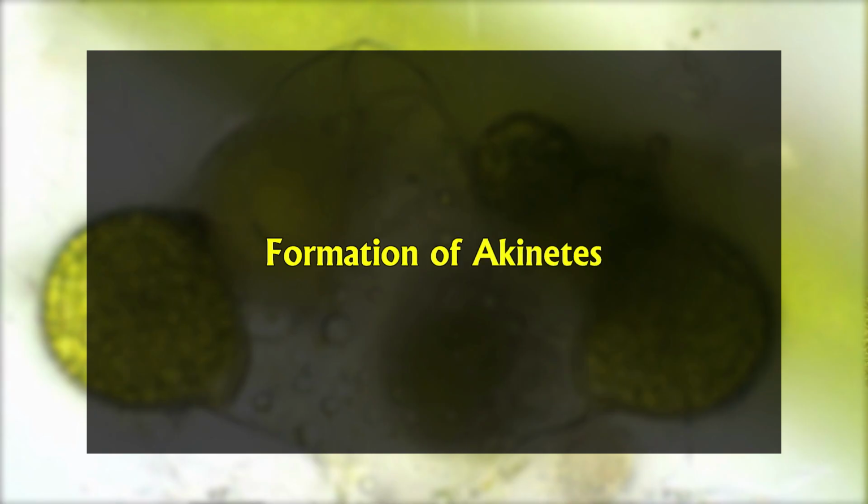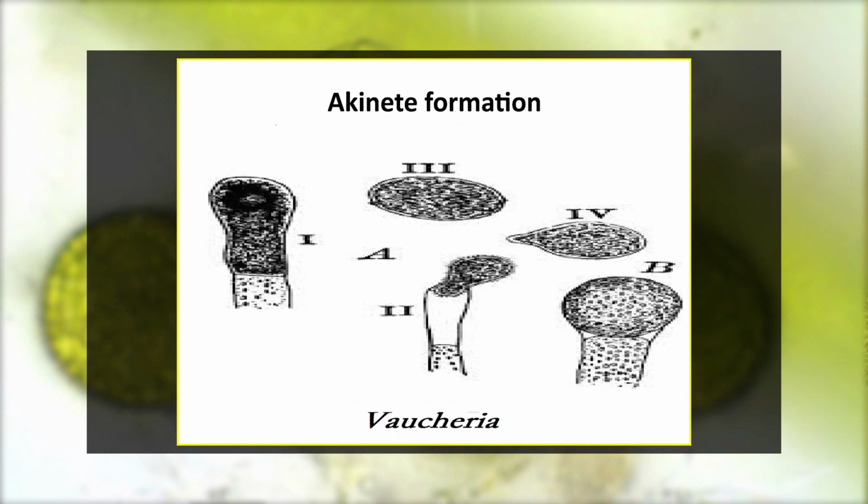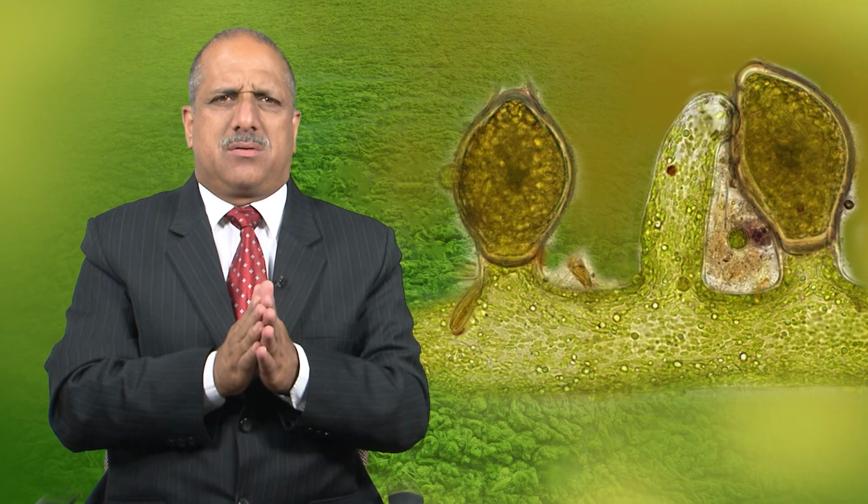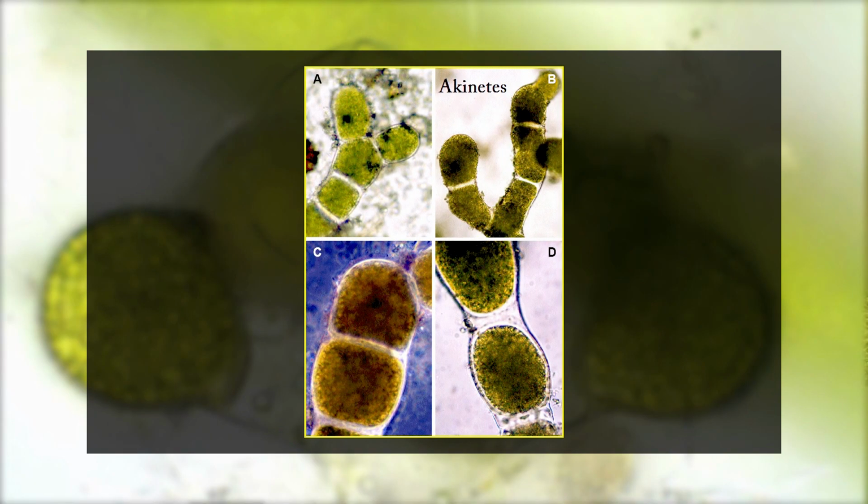Another type of asexual reproduction is formation of akinetes. In some terrestrial and aquatic species which are subjected to unfavorable conditions, the contents of their filaments divide into small segments by thick gelatinous walls. These thick-walled multinucleated segments are called akinetes.